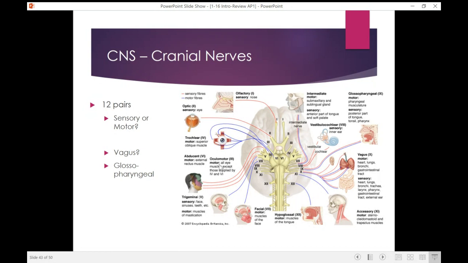The trochlear motor, number 4. Okay. So make sure that you go through these. The trigeminal, which has to do with our facial. Okay. Abducens has to do with the external rectus muscles in our eyes. The facial motor is 7.